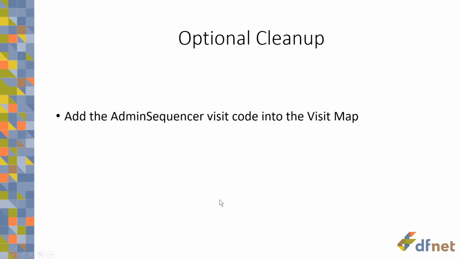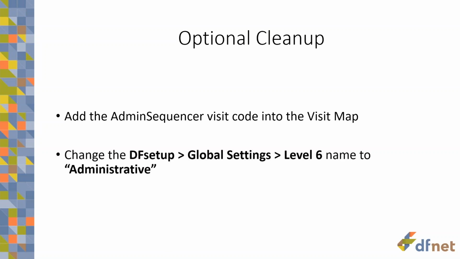And a few optional cleanups you can do to make it just work a little nicer is add the admin sequencer visit code to the visit map, because right now, since it's not in there, it's just an unexpected record, but you can adjust that accordingly for your study and change the level 6 label to administrative or something that makes more sense.